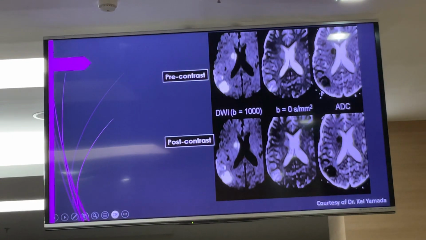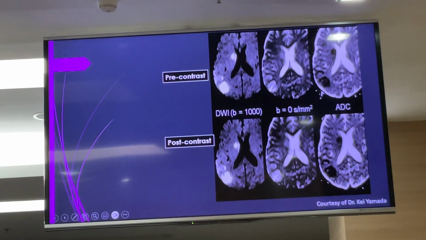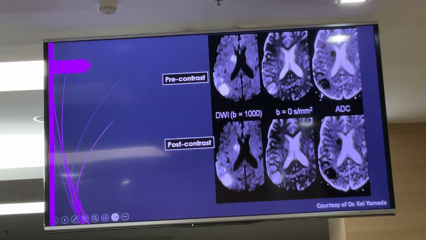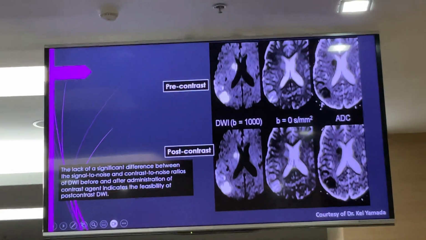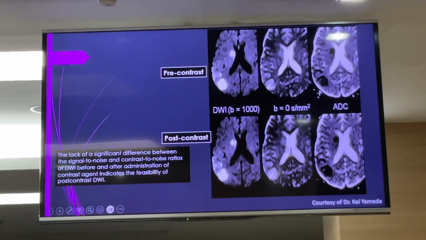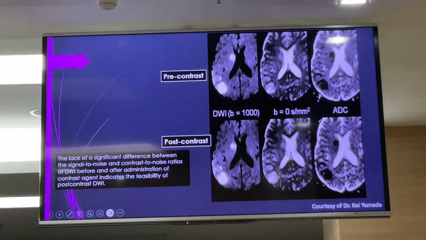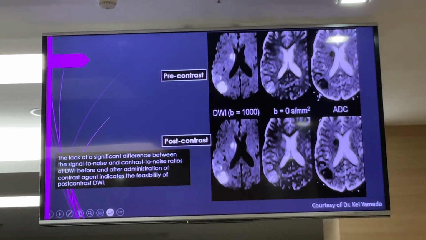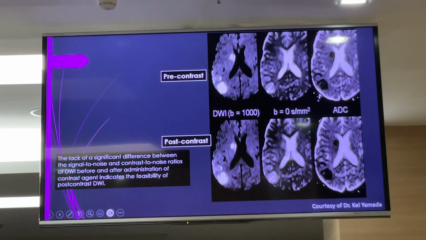I will show you. This is the pre-contrast imaging of an acute stroke patient. You can see the restricted diffusion, right? The lack of significant difference between the signal-to-noise and contrast-to-noise ratio before and after administration of contrast agent indicates the feasibility of doing it.